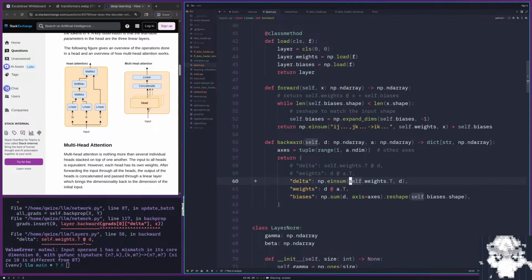NumPy.einsum. So I think you basically go backwards. So you say IK is the output. I don't think I need to transpose anything.